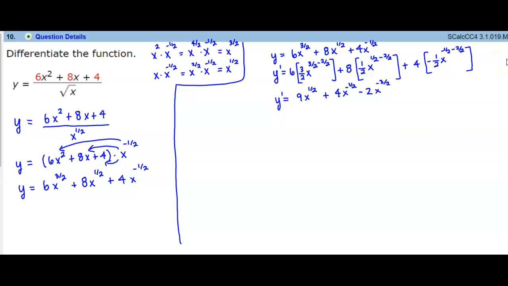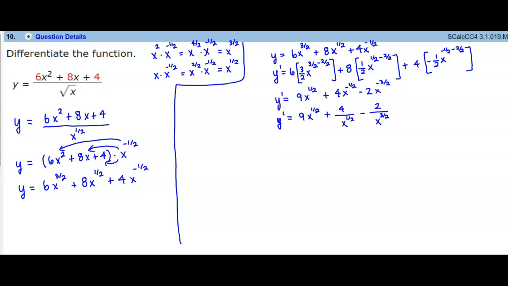Okay, now if we wanted to write an extra step here, we have y prime, which is equal to 9x to the 1/2 plus 4 over x to the positive 1/2 minus 2 over x to the positive 3/2.